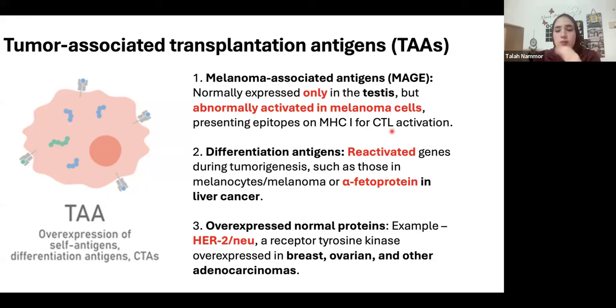Another example is when we have genes that are usually blocked out. If these genes get reactivated, like, you know how in first year biochemistry we learned how we silence genes, for example if you methylate a gene, then it's silenced and it's not going to be expressed. In tumorigenesis, the formation of a tumor, there is a lot of stress in our body, and this is what causes the tumor to form.